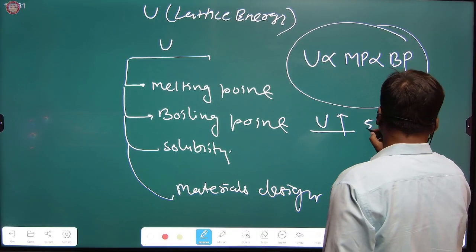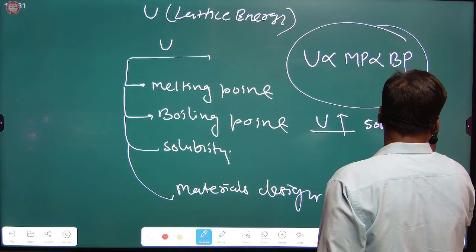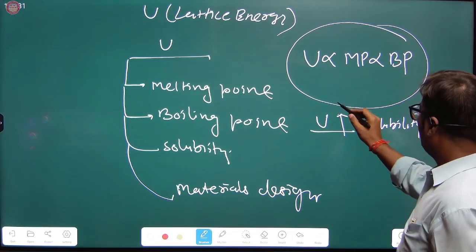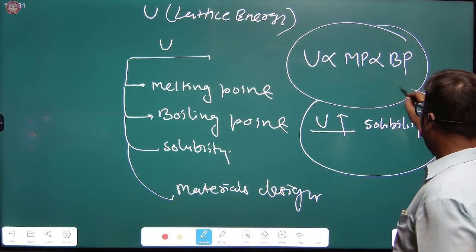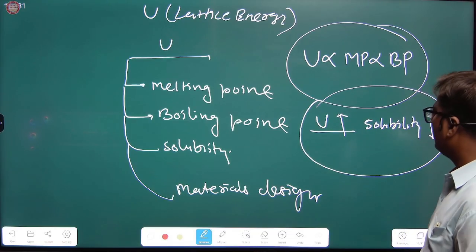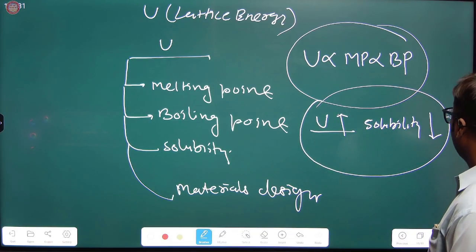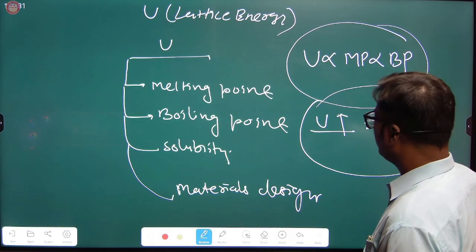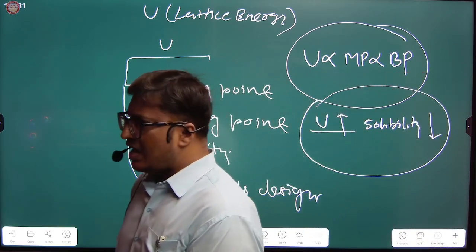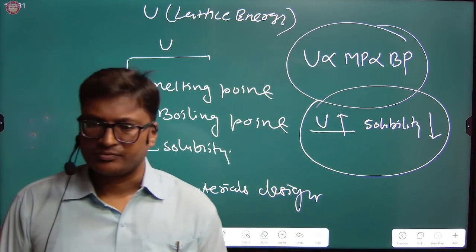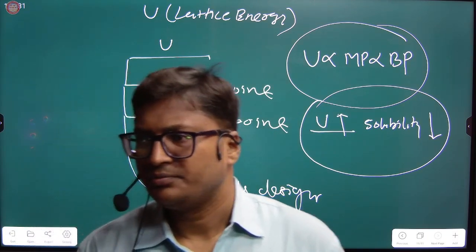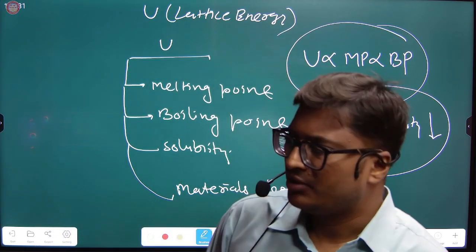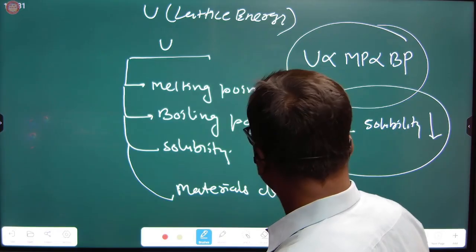Low solubility. So larger or greater lattice energy means the ionic solid is less soluble in the solvent. Larger lattice energy means the ionic compound is not susceptible to dissolving easily, right?